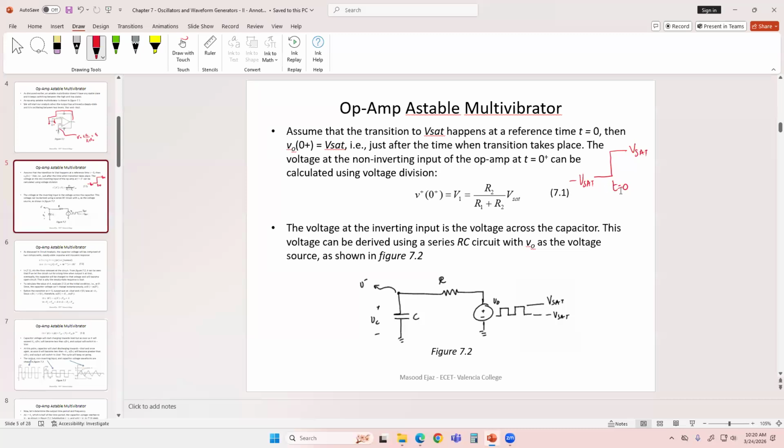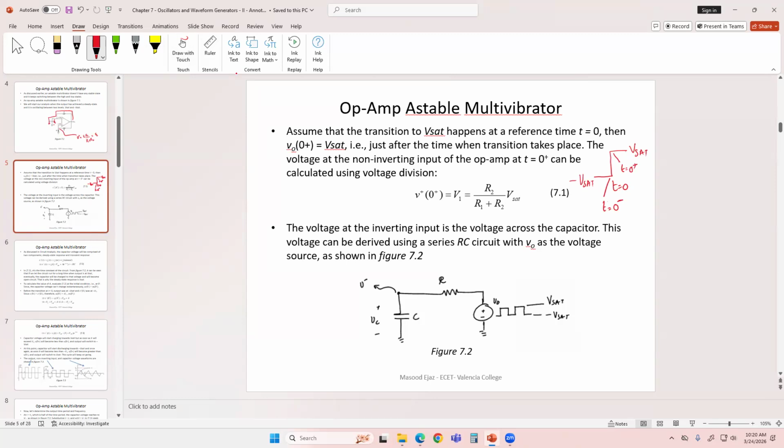At t equal to 0 negative, just before t equal to 0, and just after that is t equal to 0 positive. That's how we designate just before the instant and just after the instant, 0 negative and 0 positive.